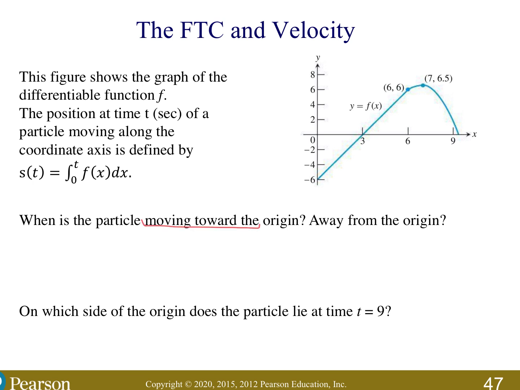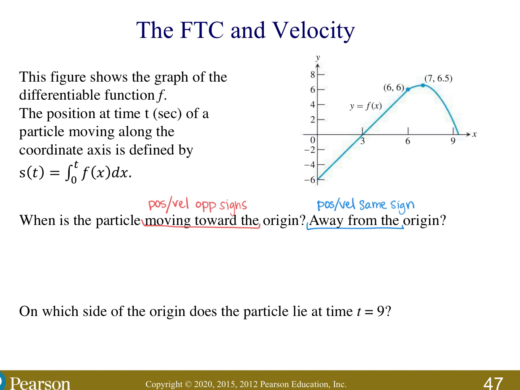Moving toward the origin means the position and the velocity must have opposite signs. If you want to move away from the origin, the position and the velocity must have the same sign. So you can't answer this question without comparing those 2 things.